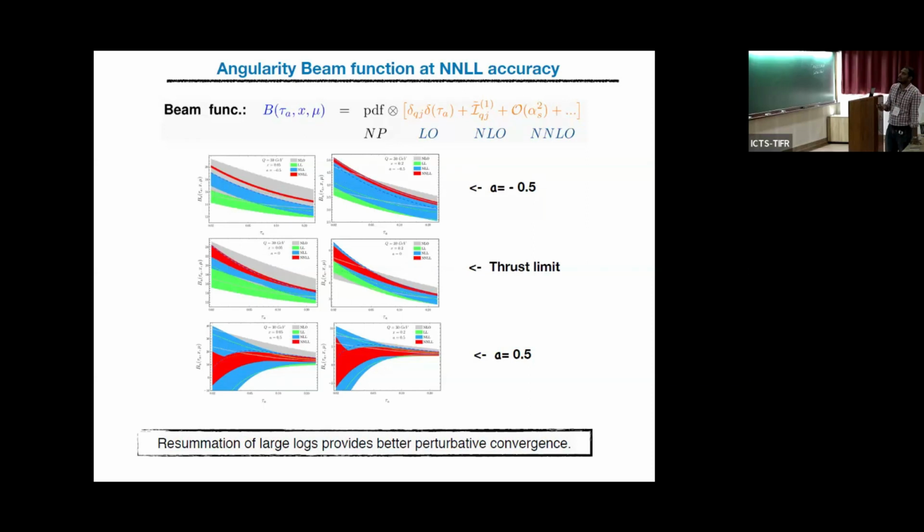If you look at the color coding, gray is the NLO result without resummation, then green to red is the order by order resummation. You can see that the resummed result gives us significantly more precision. Surprisingly, we noticed very significant precision in the negative A region.